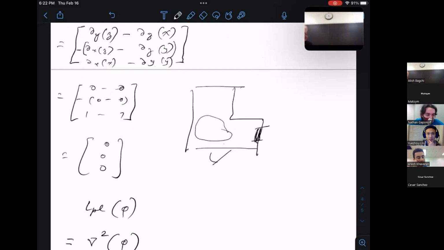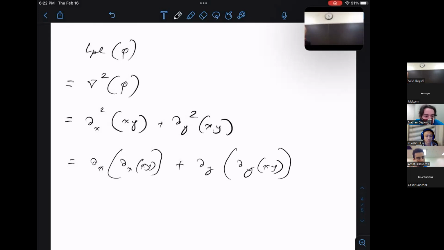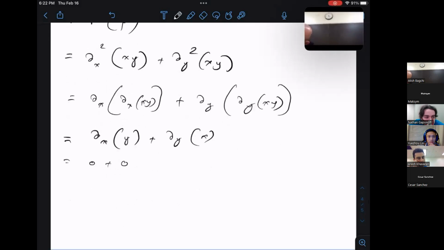The scalar field. Okay, so that's equal to del x of y plus del y of x, which is equal to 0 plus 0, which is equal to 0.